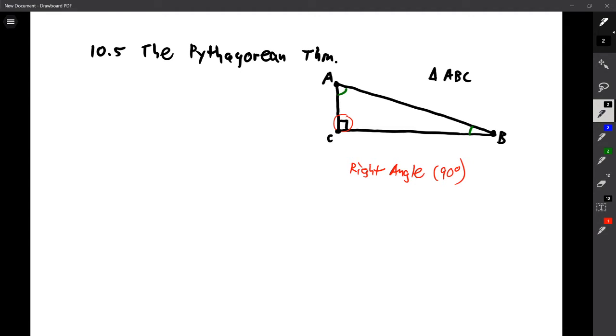Usually math textbooks go with ABC or EFG, things that are alphabetical like that.